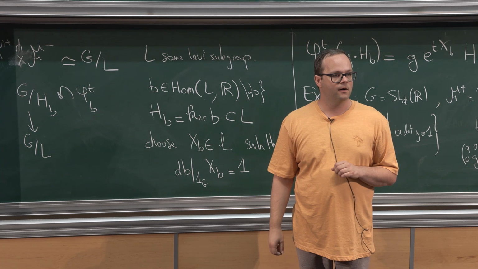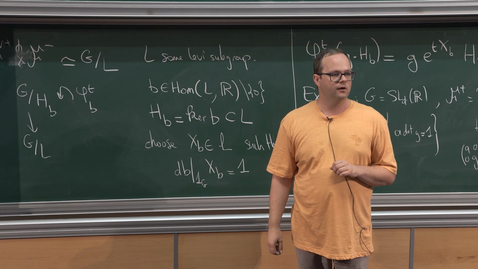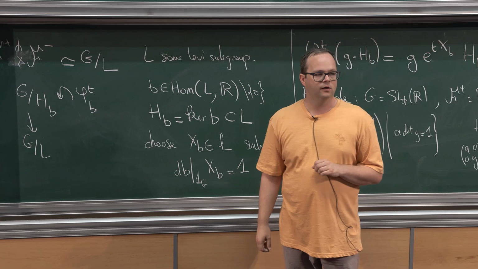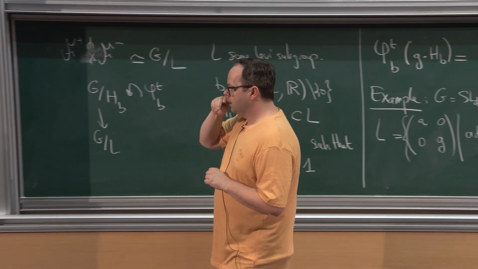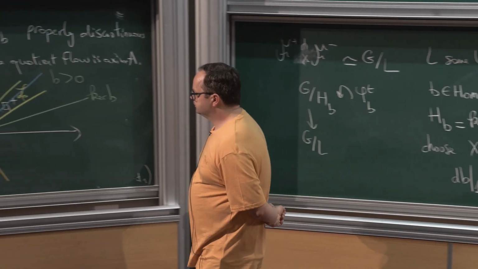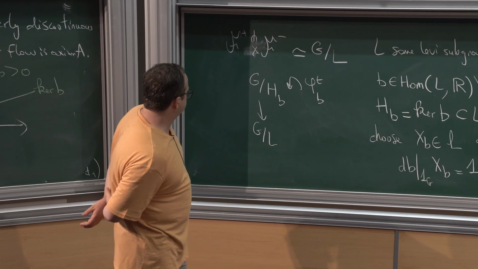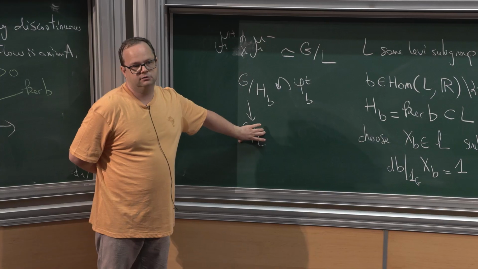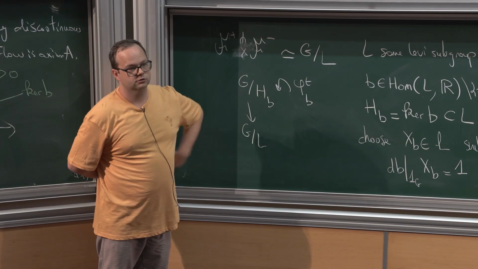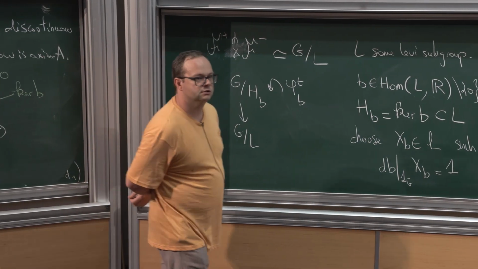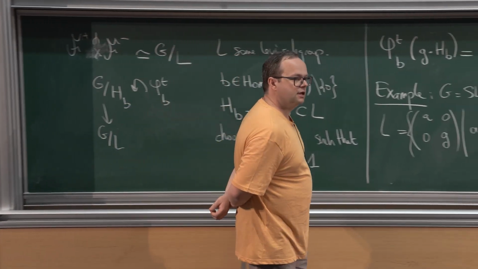If you vary B, how different are these different domains? They're pretty similar in the sense that they project to the same thing in G mod L. Are the flows orbit equivalent when you change your B? Yes, yes.